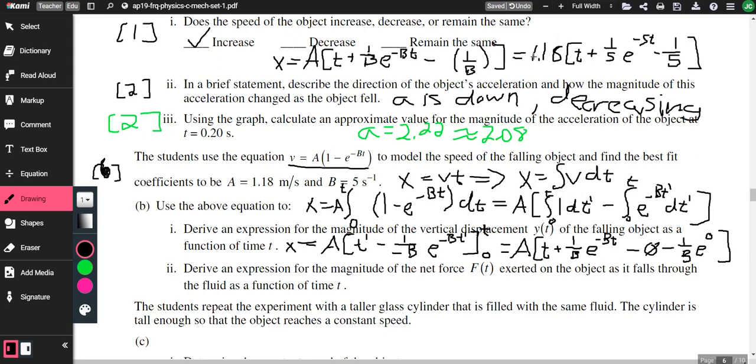There was 1 point just for mentioning that you had to take an integral. Even if you didn't know how to do the integral of an e function, it doesn't matter. You could just say that you're going to do an integral, and then attempt it.